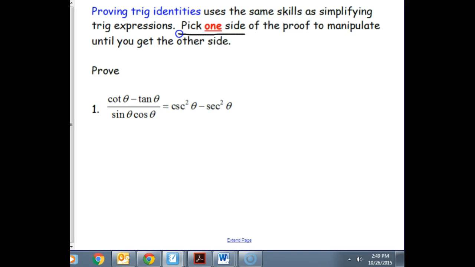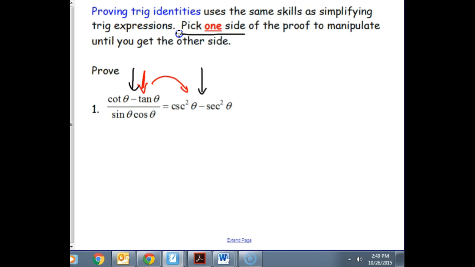Then we have to use our tips that we learned last week to try to make this side right here equal to this side. So we are trying to turn this side right here into that side. That is our goal. Alright? So we're not just simplifying to one term anymore.